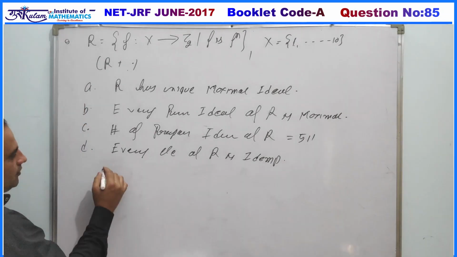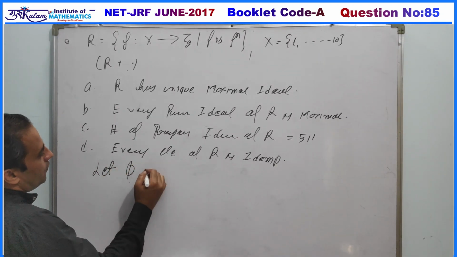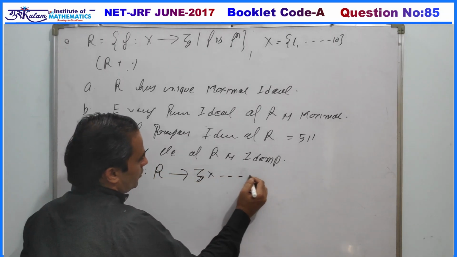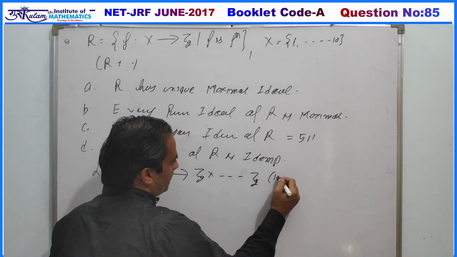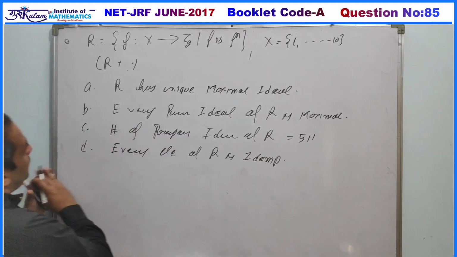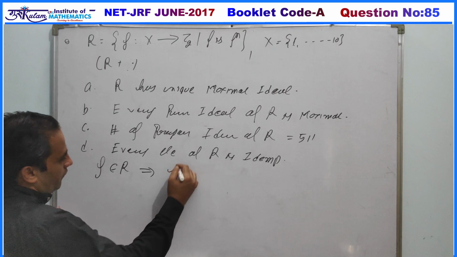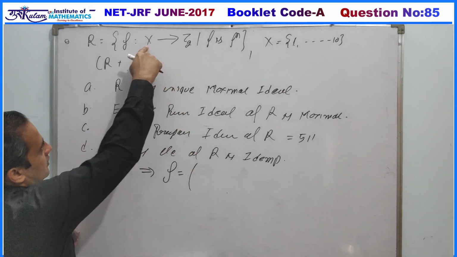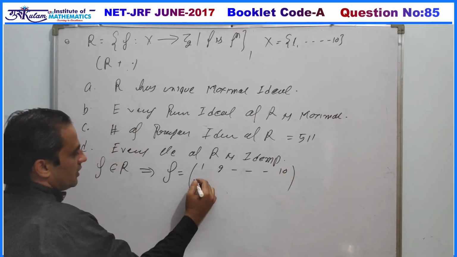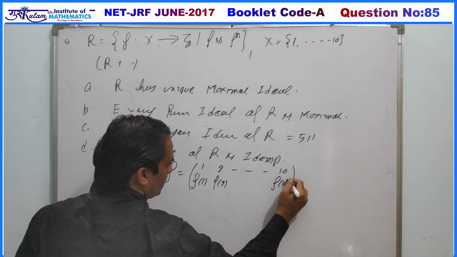So let us consider a function phi which is defined from R to Z2 cross Z2 cross Z2, 10 times. If we take f belonging to R, then f can be written as, since X has 10 elements 1, 2, up to 10, f equal to (f1, f2, ..., f10).